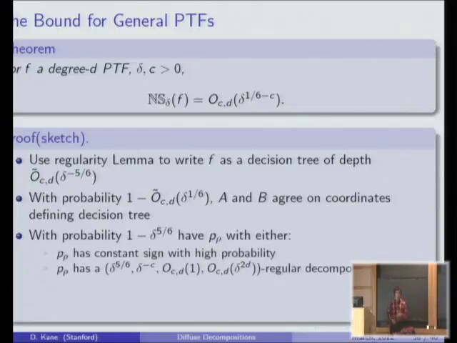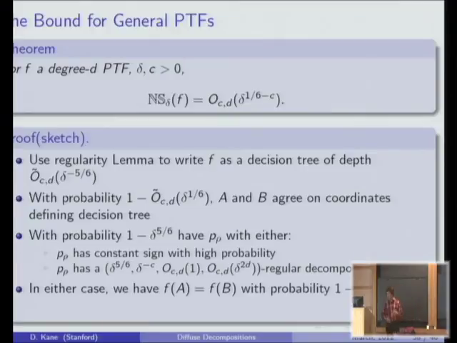With probability 1 minus delta to the 5/6, this leaf either has constant sign with high probability, and in that case we're in great shape, because the sign of p of a and the sign of p of b are both this constant with high probability, or this p sub rho has a regular decomposition, in which case we've reduced to the regular case. So in either case, f of a is equal to f of b with probability 1 minus O of delta to the 1/6 minus c. And so that gives this result.